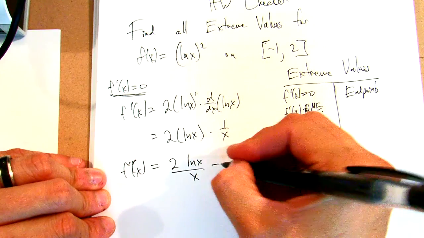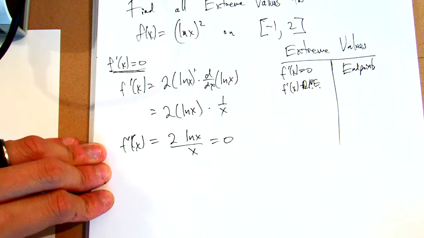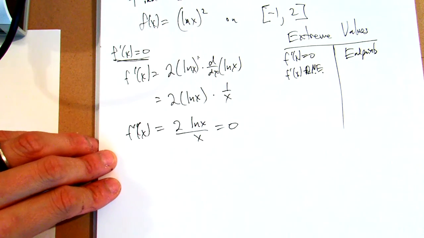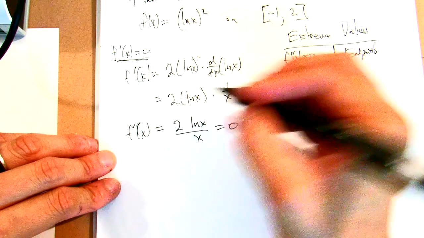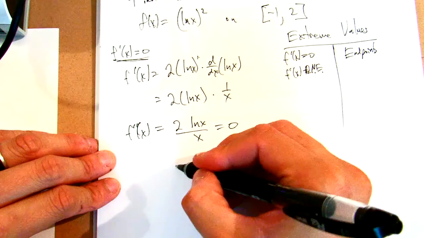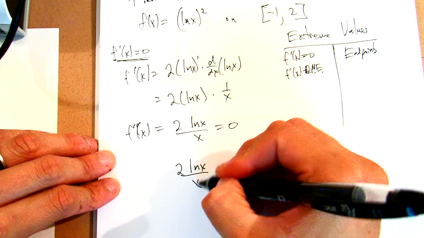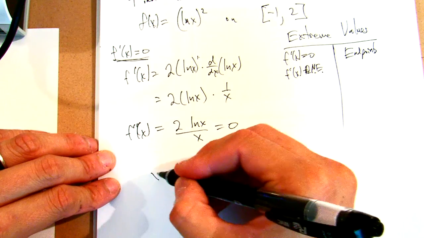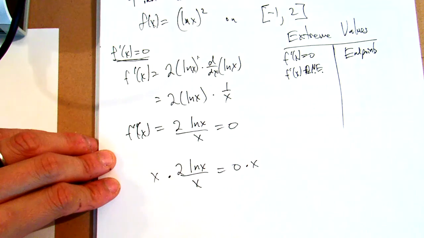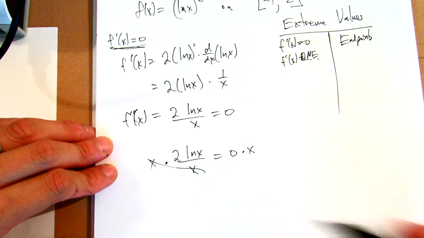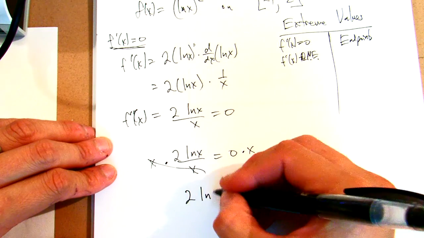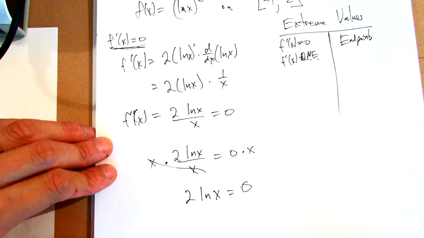Now we're going to set it equal to 0. To solve this, we simply multiply by the denominator, and these cancel out, and I'm left with 2 ln of x equals 0.